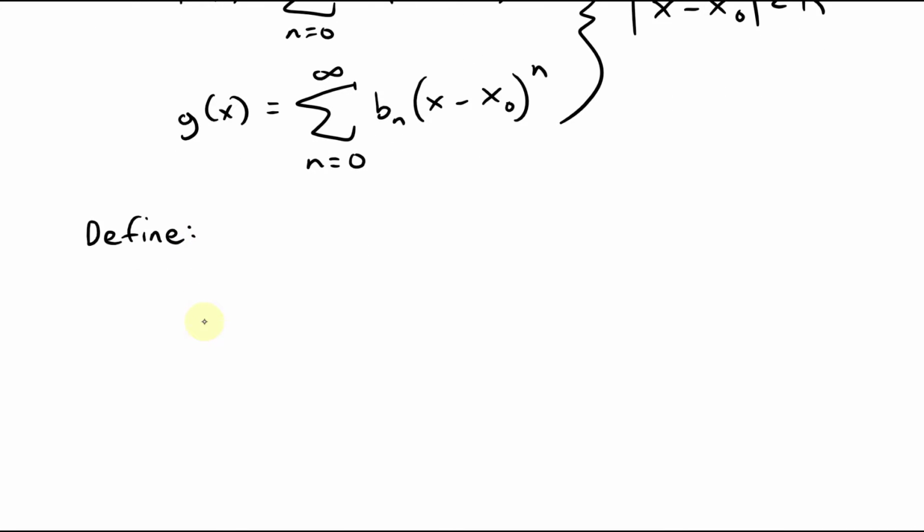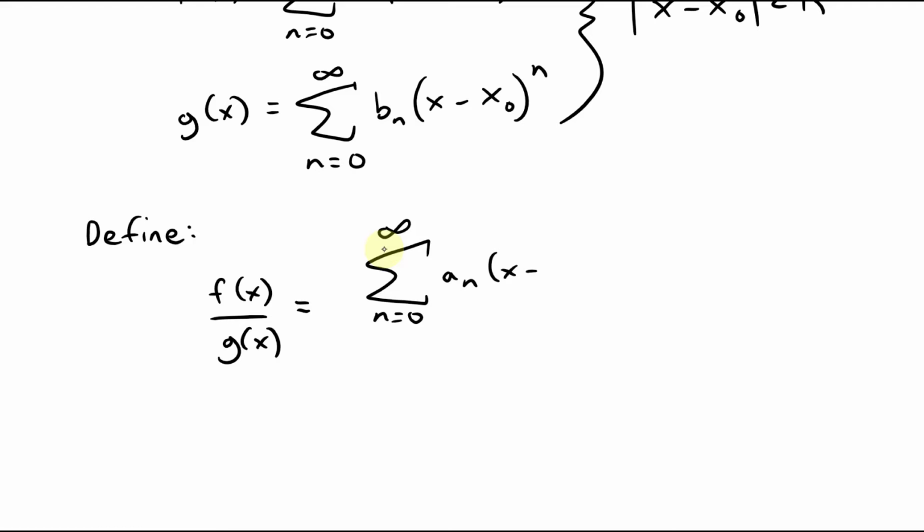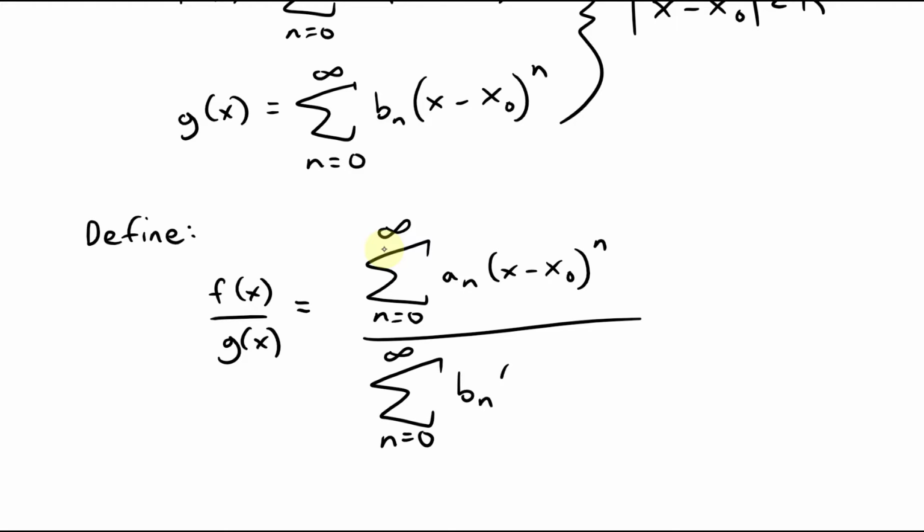Here we'll define f of x divided by g of x equals this series divided by this series: the summation from n equals 0 to infinity of a_n (x minus x0) to the power of n, divided by the summation from n equals 0 to infinity of b_n (x minus x0) to the power of n.